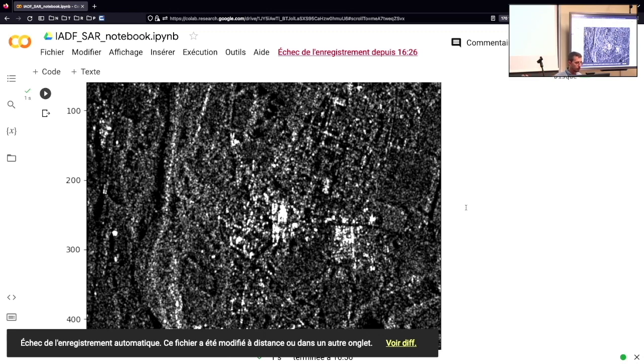We don't want to introduce artifacts in homogeneous areas, and at the same time we want to be careful when suppressing speckle, because we don't want to destroy too much information. We want to preserve the information contained in the image, so we want to be precise near the edges. That's quite challenging, as you will see.